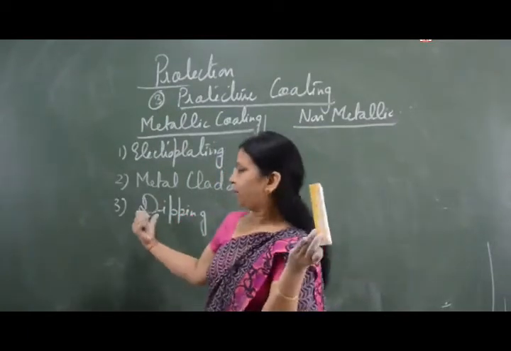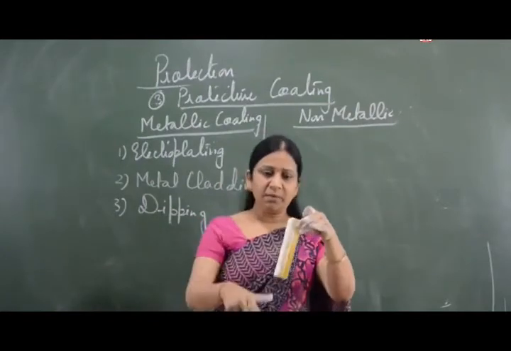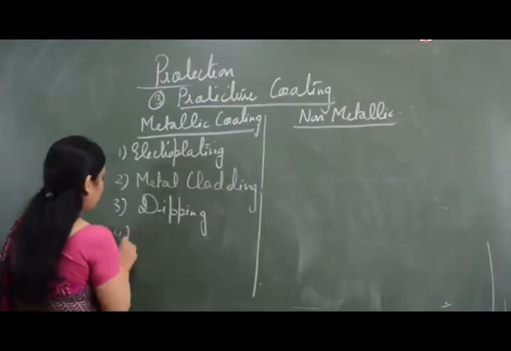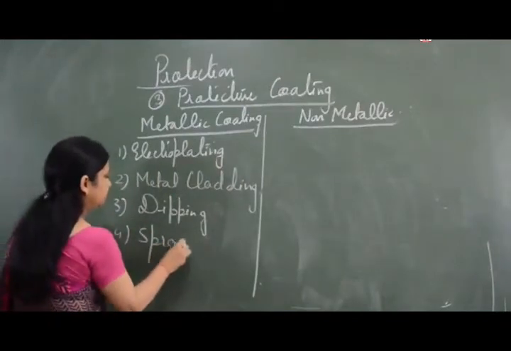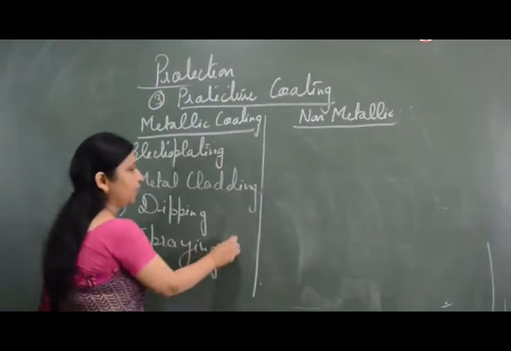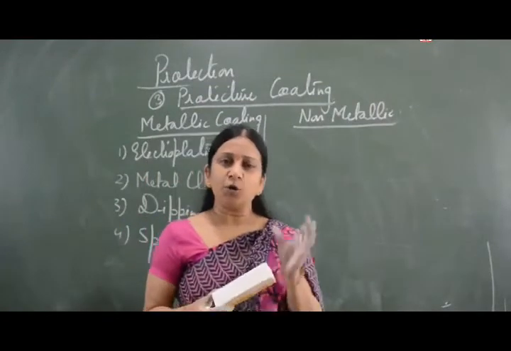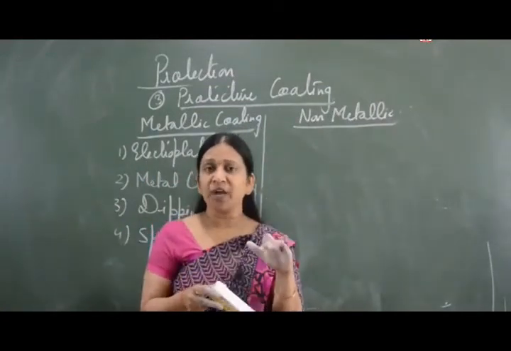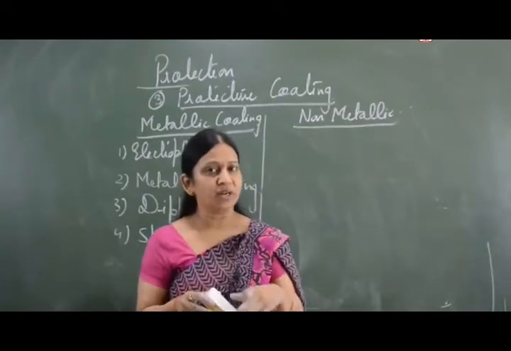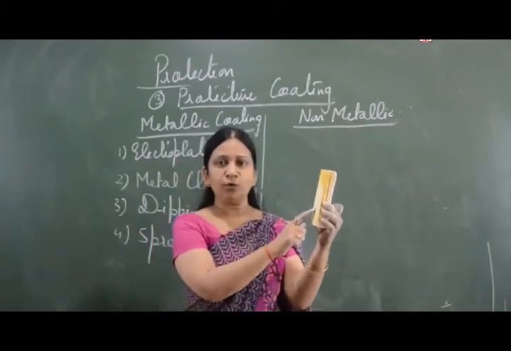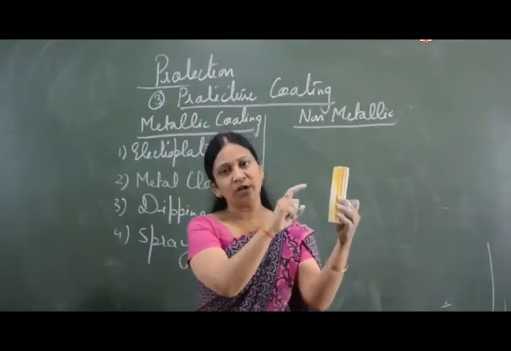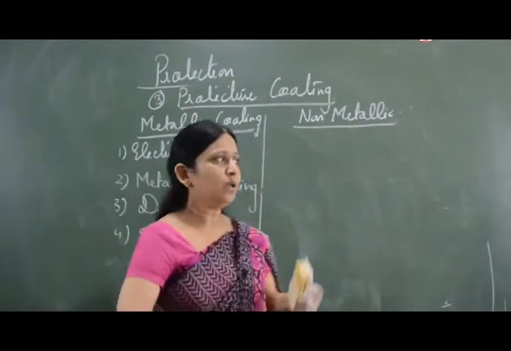While dipping, the coating material gets over that metal. Fourth is spraying. Spraying means atomized droplets of the coating metal are sprayed on the metal to be protected, so that it can be protected.